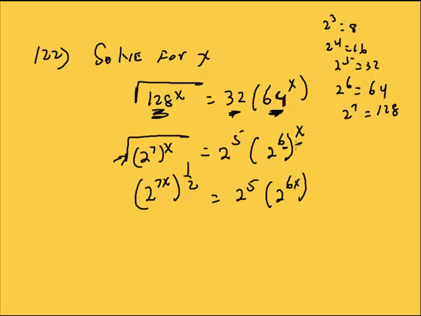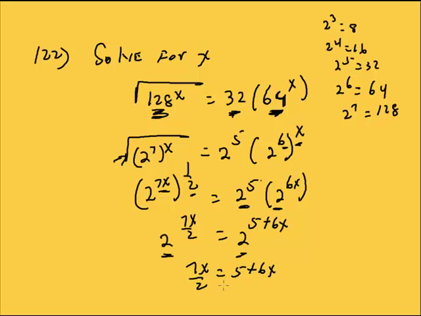When we multiply, we add the exponents, so I have 2 to the 5 plus 6x on the right side. On the left side, when I raise a power to a power, I multiply the exponents, so I get 2 to the 7x over 2. Since the bases match up, my 7x over 2 has to equal 5 plus 6x.